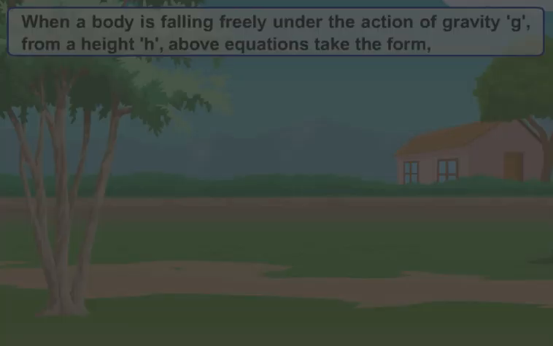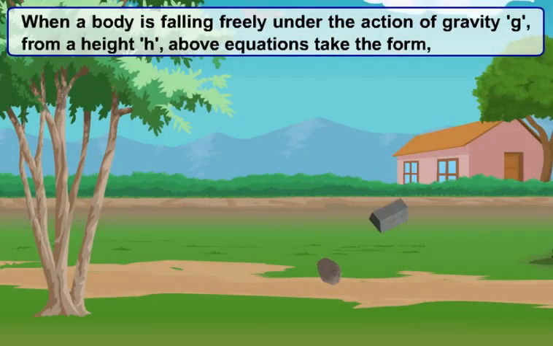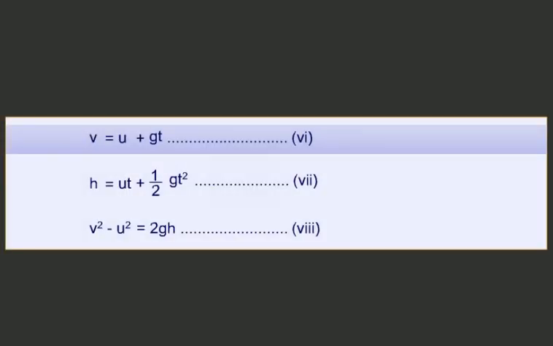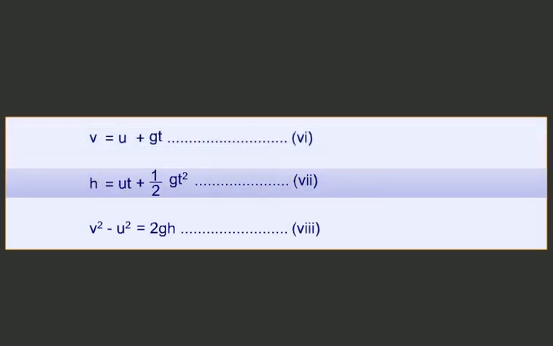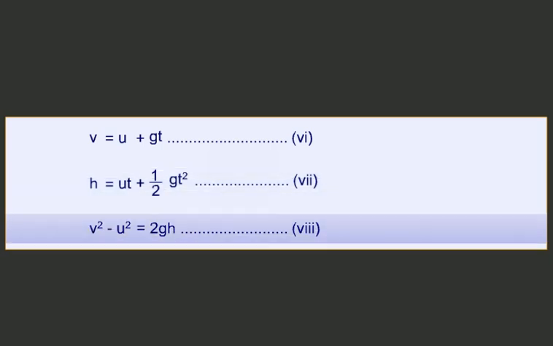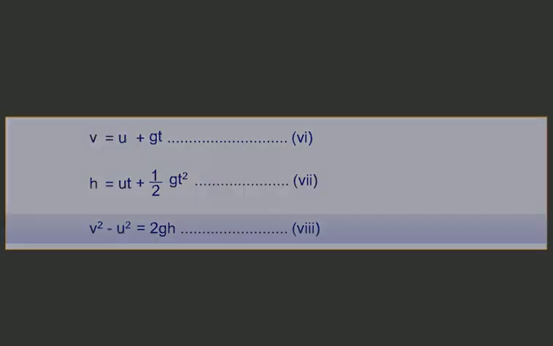When a body is falling freely under the action of gravity g from a height h, the above equations take the form v is equal to u plus gt, that is equation 6, h is equal to ut plus 1 by 2 gt square, that is equation 7, and v square minus u square equals twice gh, that is equation 8. Here we write h instead of s and g instead of a.